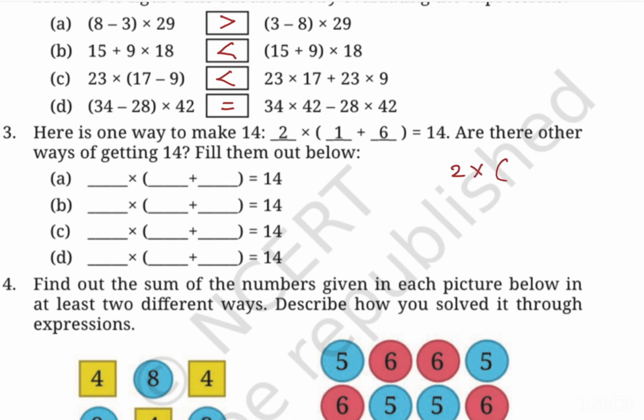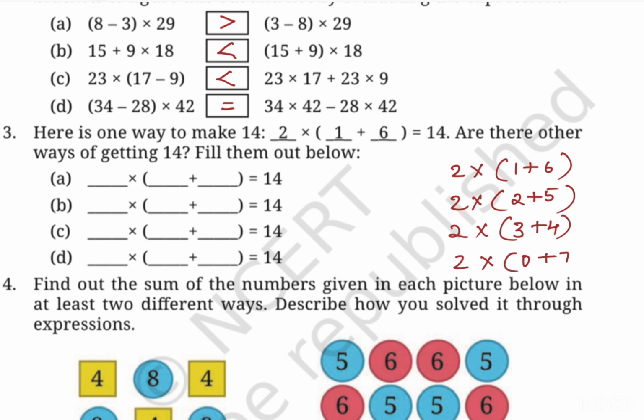Here we can see that 2 into 1 plus 6. 1 plus 6 can be changed to 2 plus 5, and 3 plus 4, or we can write 0 plus 7.